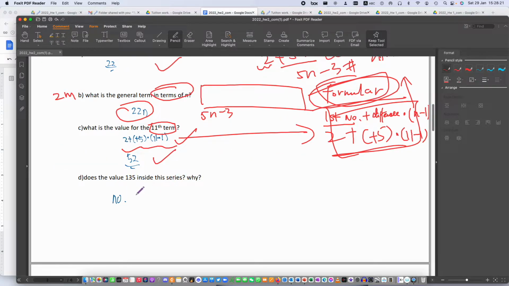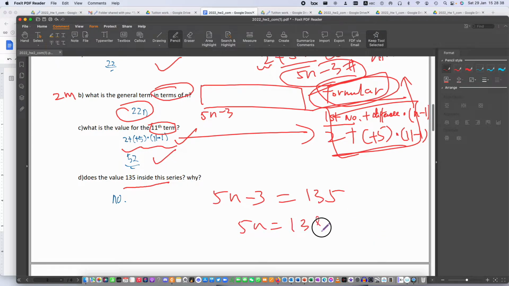So does the value 135 inside the series? How do you check? 5n minus 3 is the formula, right? So you just equate it to 135. Does it make sense? So 5n is equal to 138, right? So n is equal to, like? 27.6.